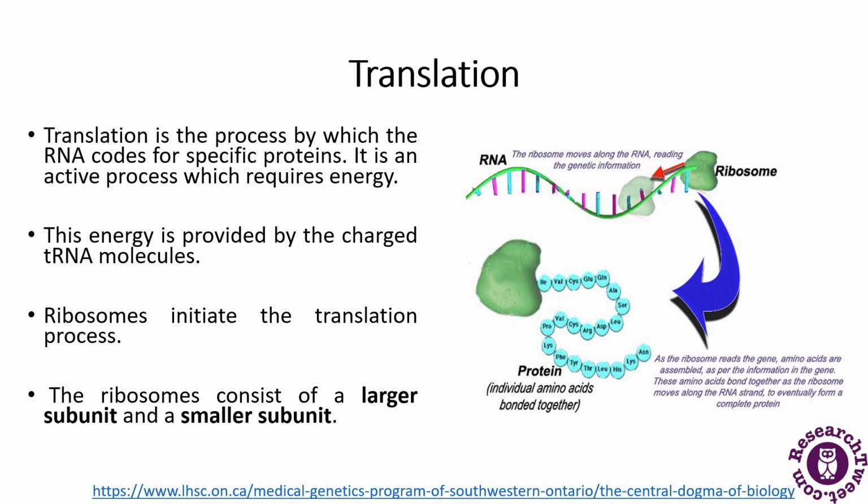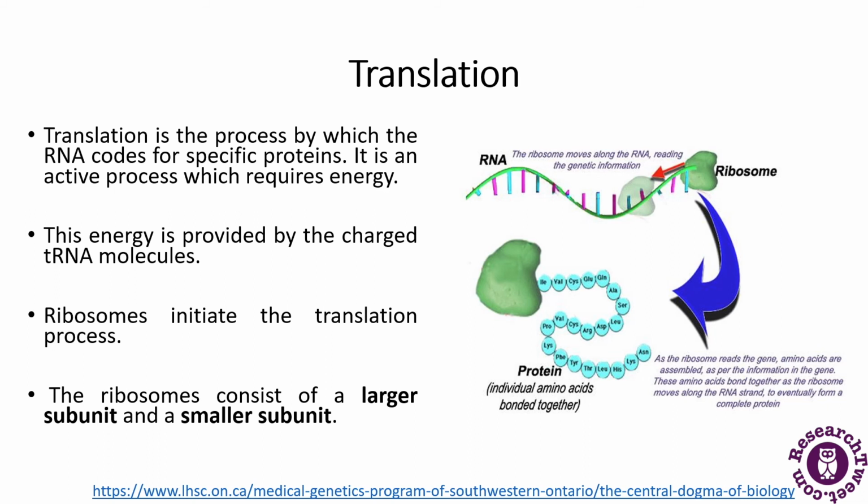Ribosomes initiate the translation process. The ribosome consists of a larger subunit and a smaller subunit. The larger subunit holds two tRNA molecules placed close enough so that peptide bonds can be formed with enough energy.